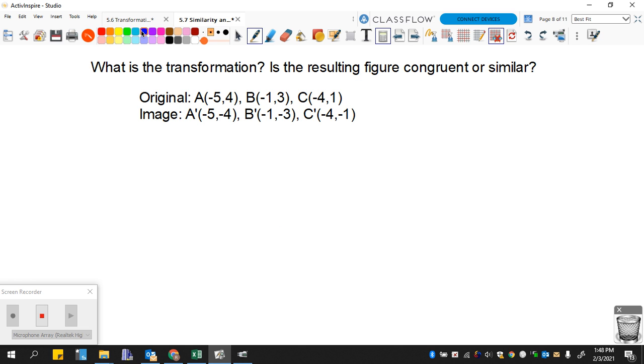All right, so -5 to -5, 4 turns into -4, -1 to -1, 3 turns into -3, -4 to -4, 1 turns to -1.